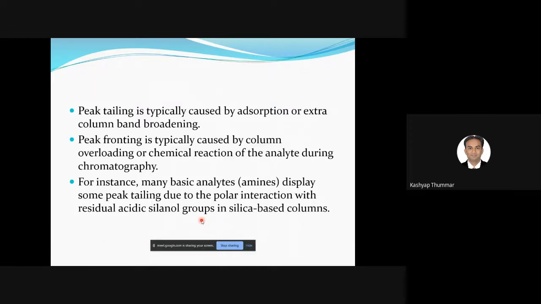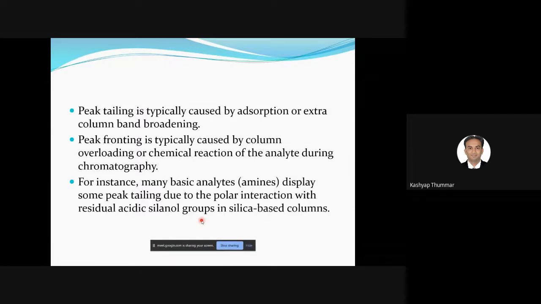Column efficiency is based on the rate theory and plate theory, and this talks about column band broadening. Peak fronting is typically caused by column overloading or chemical reaction of the analyte during the chromatography. If the peak slowly increases from the start, then it is called fronting.